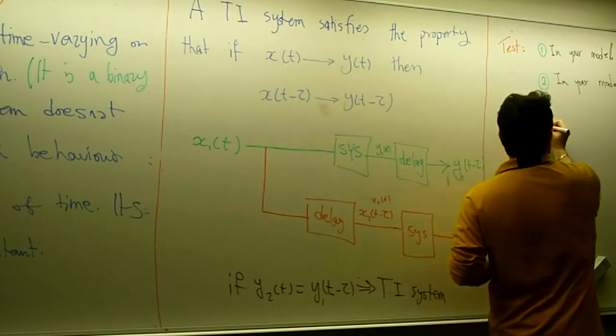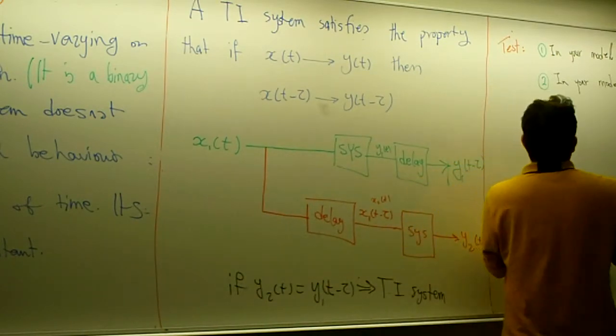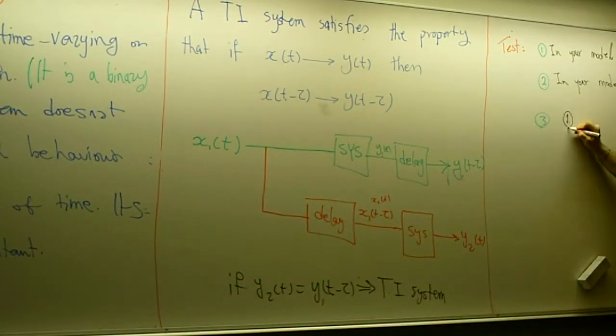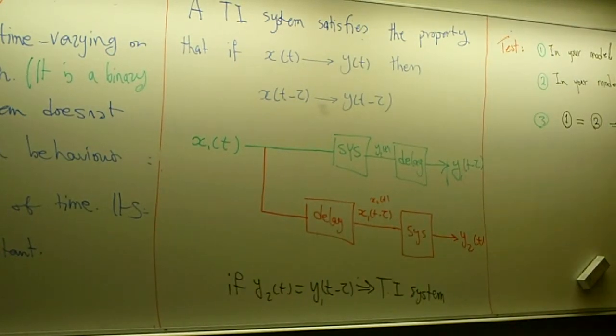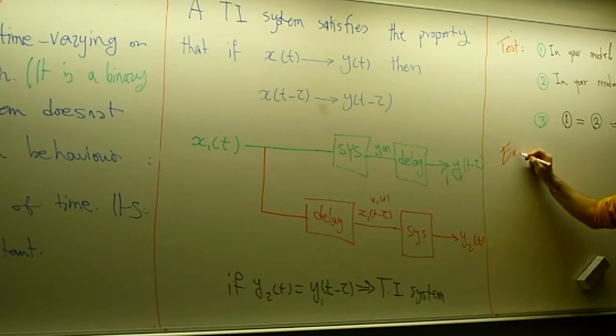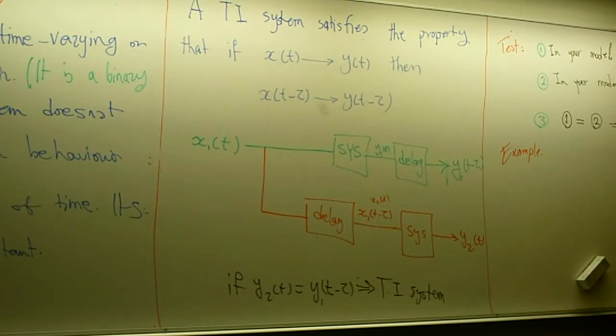And step 3 is, if what I get in 1 is the same as what I get in 2, then it means the system is time invariant. Otherwise, it is time variant. Very famous example will be this.